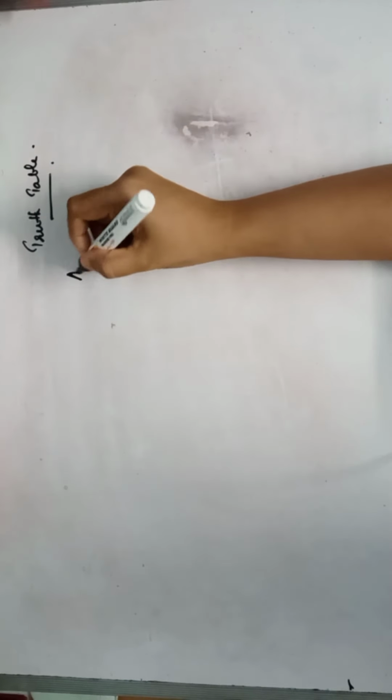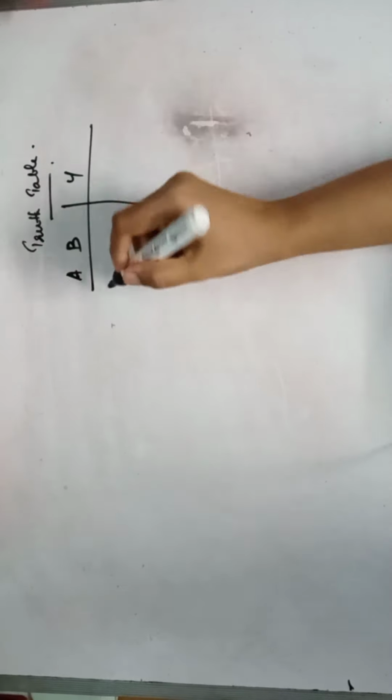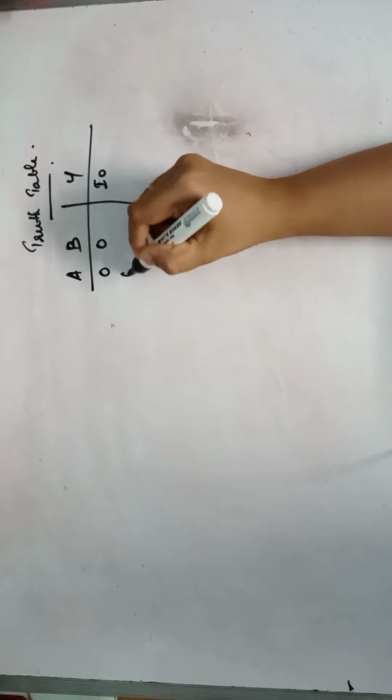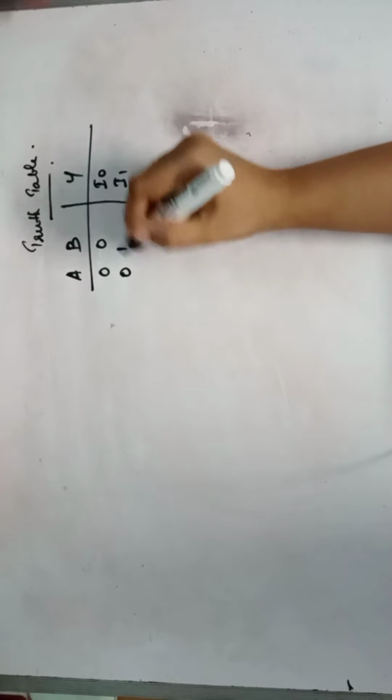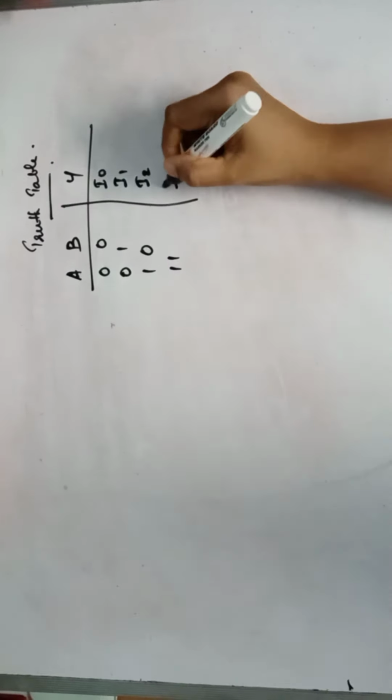So the truth table I need is this: 00 I0, 01 I1, 10 I2 and 11 I3.